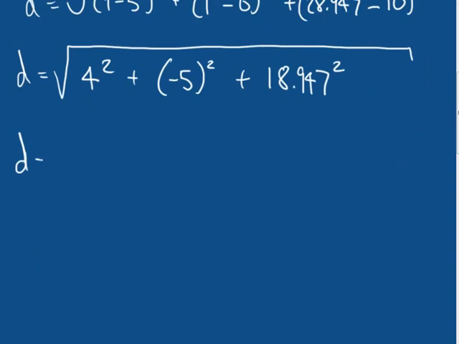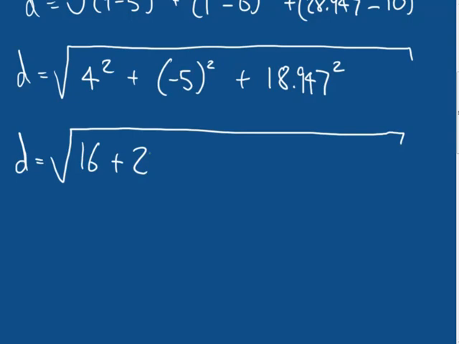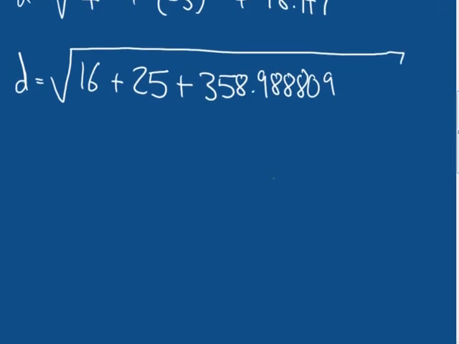That means that d is equal to the square root of 16 plus 25 plus, and I am going to use a calculator to work this out, this is 358.98889 or thereabouts.